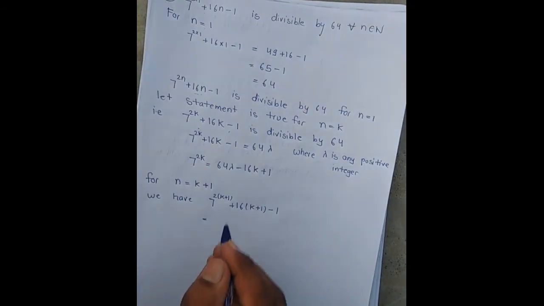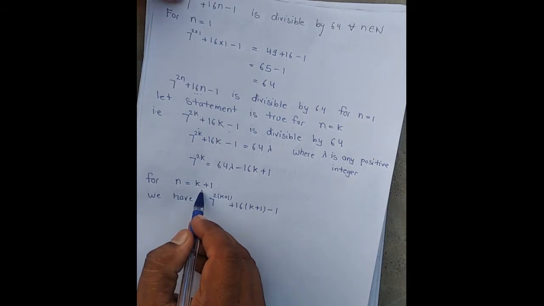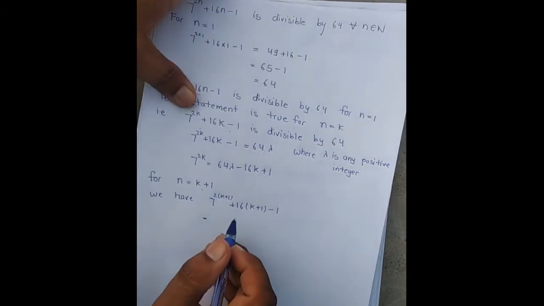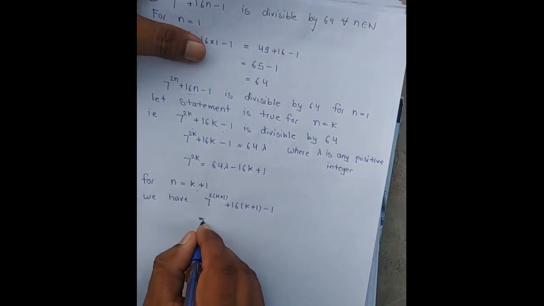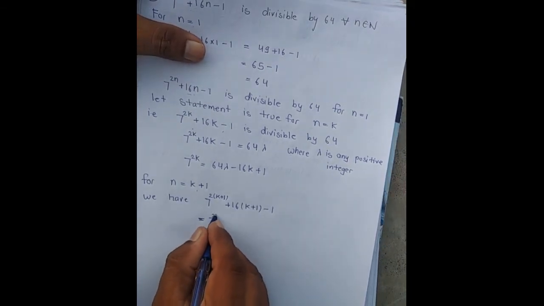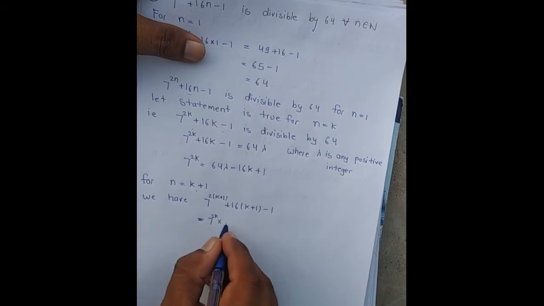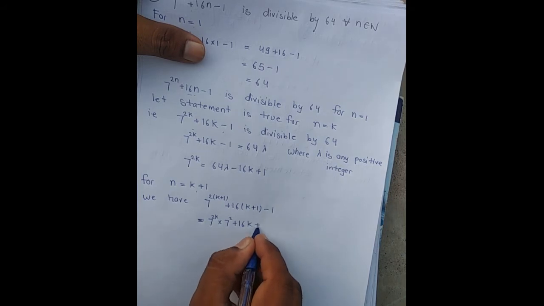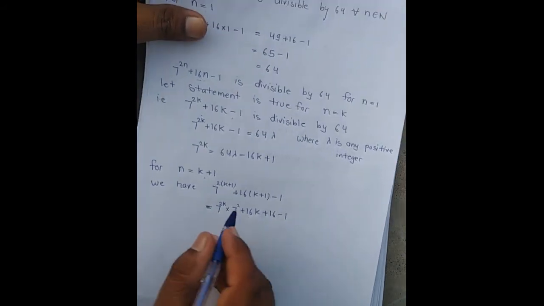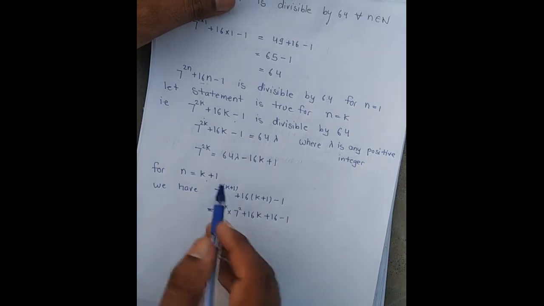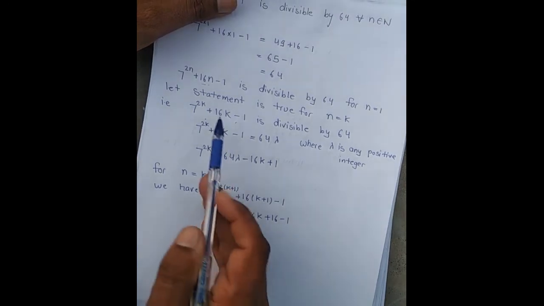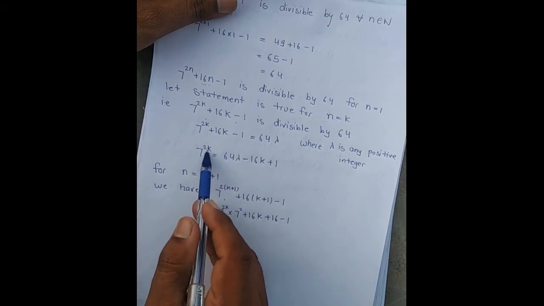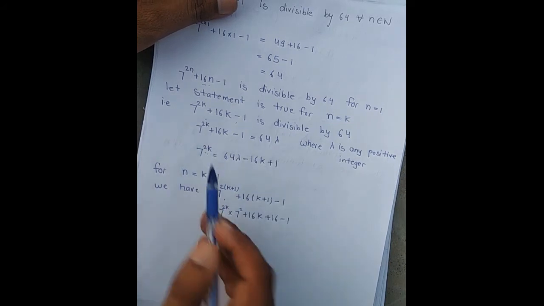If we put n equal k plus 1, then this expression becomes 7 to the power 2k plus 1 plus 16 into k plus 1 minus 1. Now open the bracket. Since we have to prove this term using this statement, we can put the value of 7 to the power 2k here.